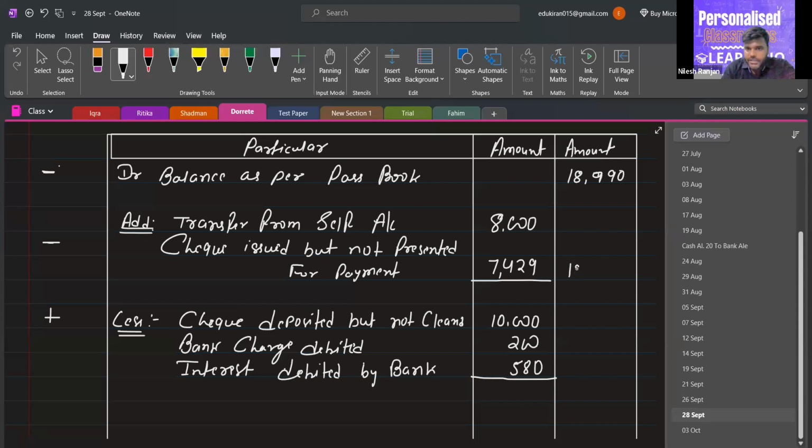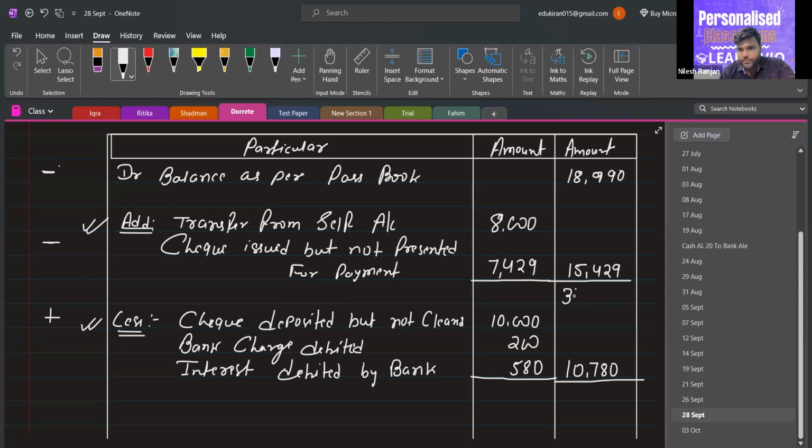It will be 15,420, and this will be 10,780. Okay. Now we have to add this one and we have to deduct this one. So 18,990 and 15,490.